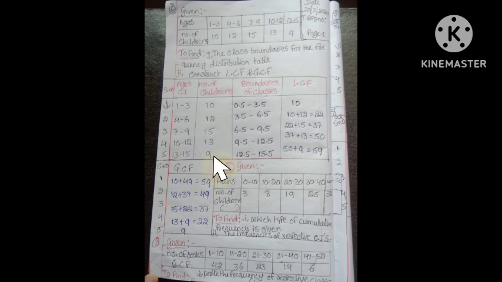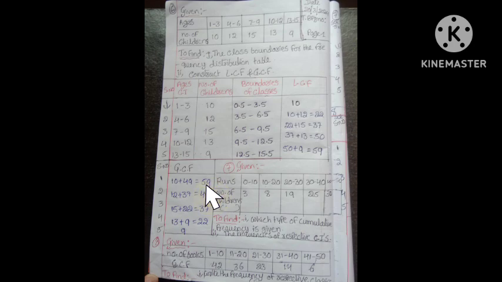The last frequency 9 is written as it is. Next 13: 13 plus 9 equals 22. Next 15: 15 plus 22 equals 37. Next 12: 12 plus 37 equals 49. First frequency 10: 10 plus 49 equals 59.